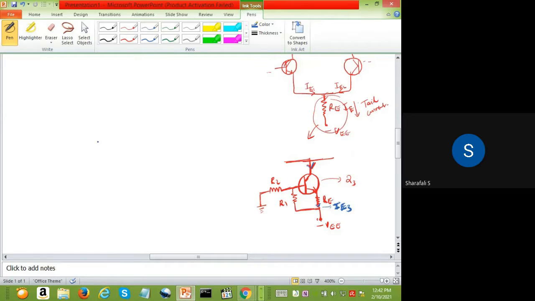So this IE3 will be equal to VE3 minus VEE divided by RE.